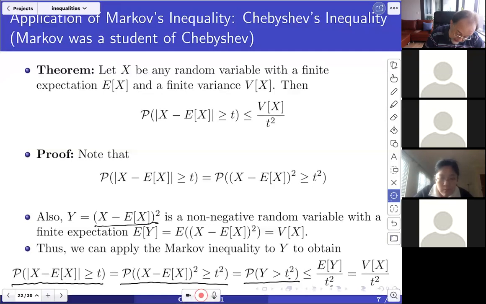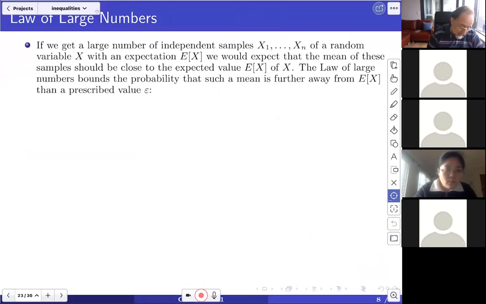So we can replace expected value of y with variance of x, and lo and behold, we get that the probability that x deviates from its expected value by more than t is bounded from above by variance of x divided by t squared. And this is another extremely useful inequality, right?